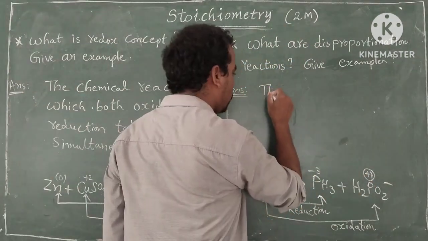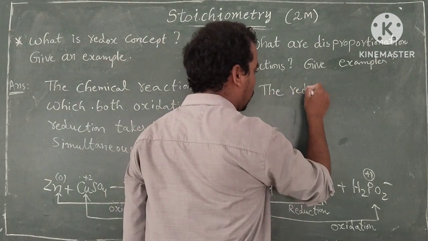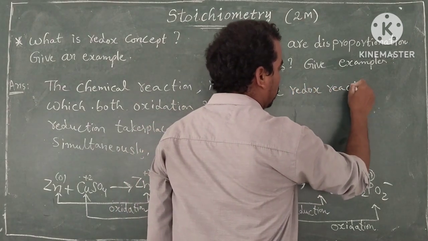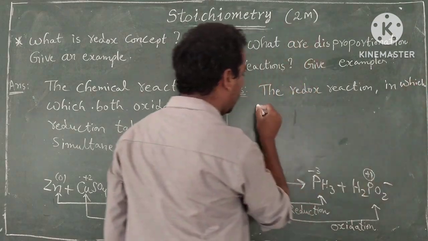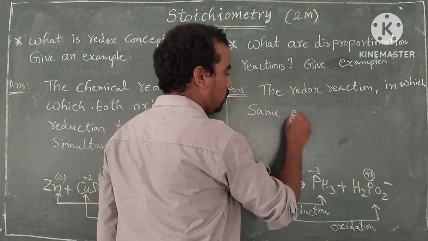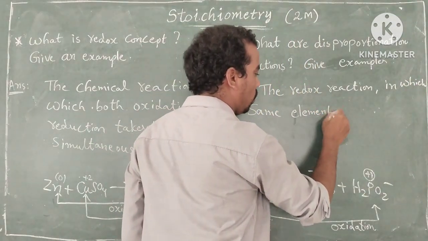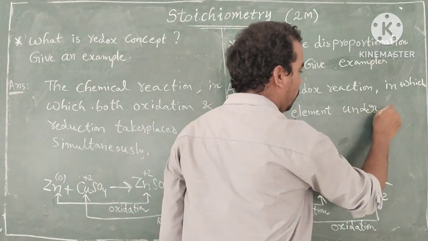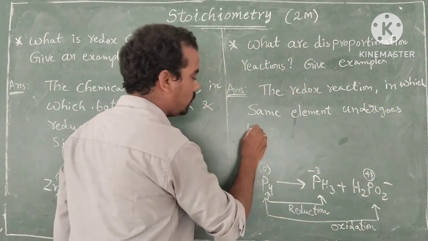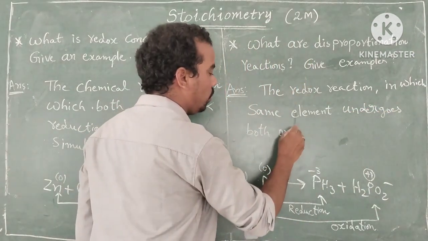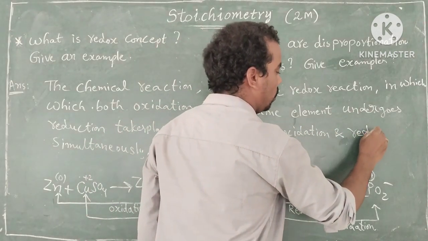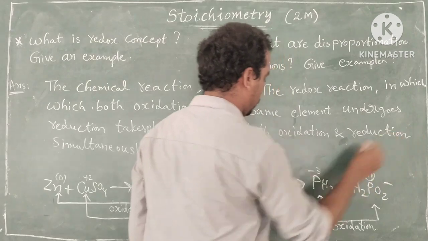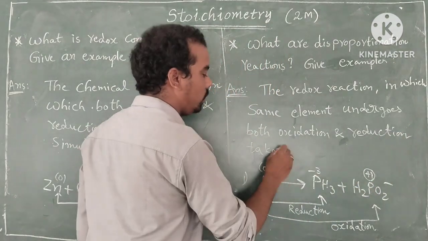That means a redox reaction in which the same element, it is important, the same element undergoes both oxidation and reduction is called a disproportionation reaction.